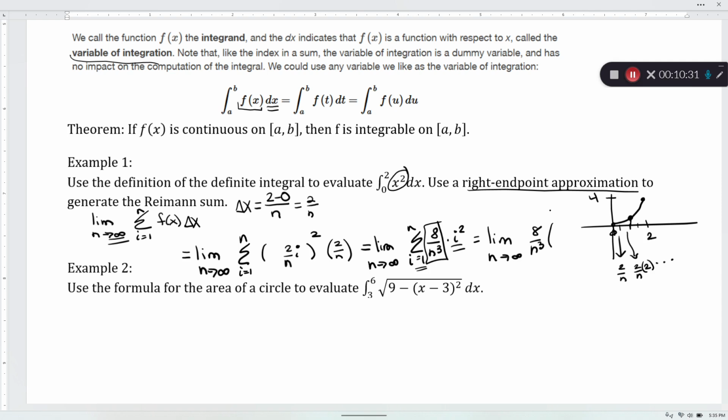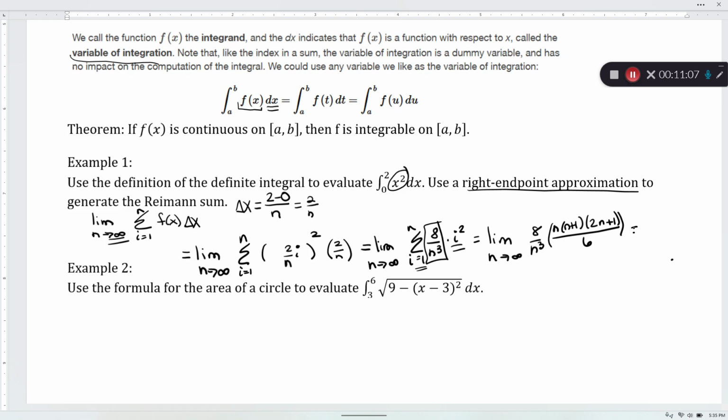It was n times n plus 1 times 2n plus 1 over 6. Okay.